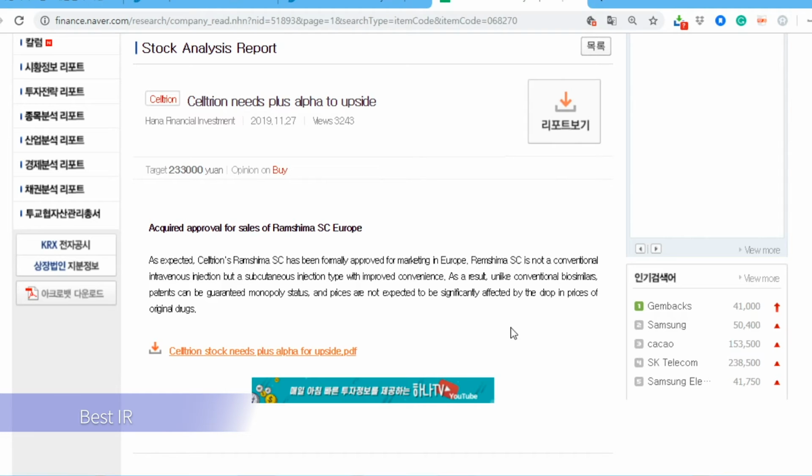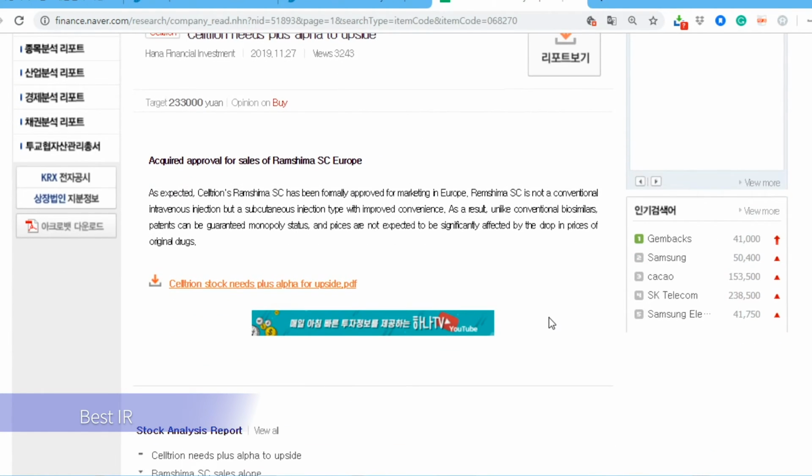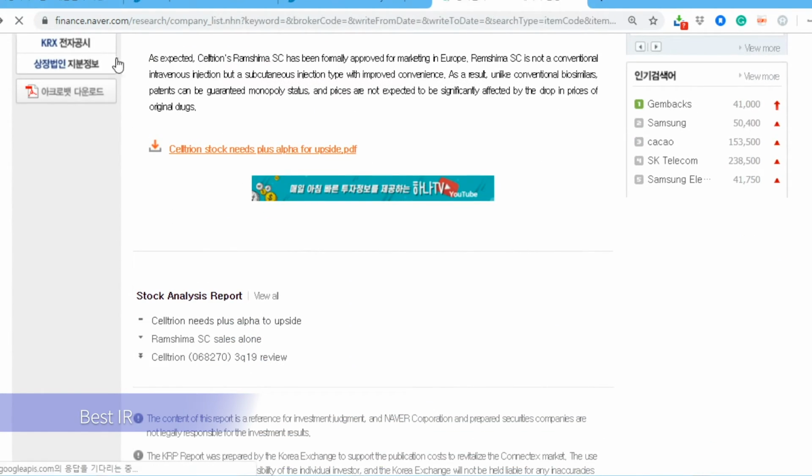Remsima SC is not a conventional intravenous injection, but a subcutaneous injection type with improved convenience. As a result, unlike conventional biosimilars, it can be guaranteed monopoly status, and prices are not expected to be significantly affected by the drop in the price of the original drug. So that's what this report says.